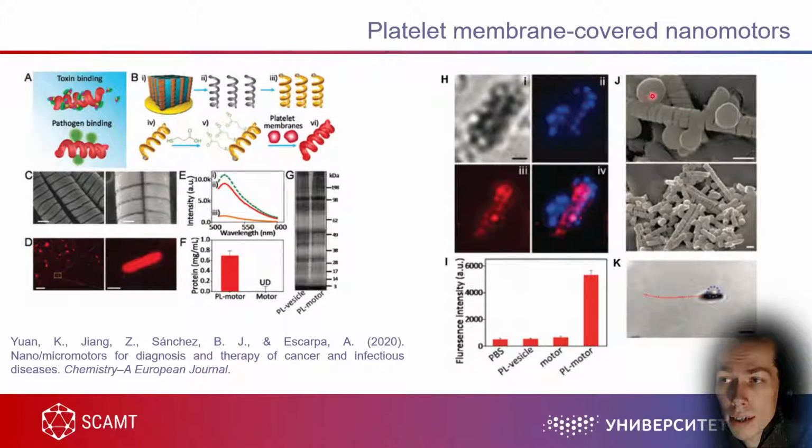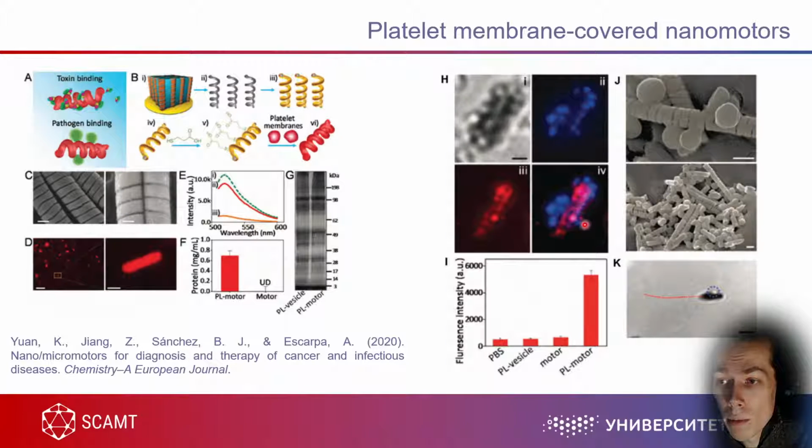So as you can see, this is bacteria on the surface of these platelet covered nanospirals. And these nanospirals also can move, as you can see here. It's a track of these nanomotors, which are moving in media and absorbing bacteria on their surface.